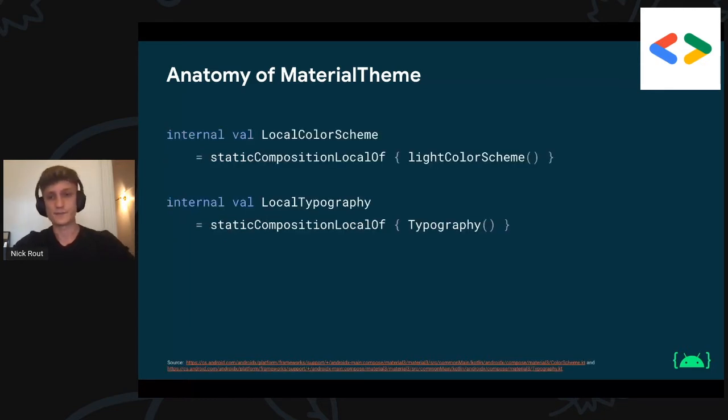Let's take a look at those. All these really are, are instances of composition locals. We create them with this static composition local of, which is a function that creates a composition local and passes it a default value. And this is all it really is. These are composition locals that model both the color scheme and typography classes and provide them implicitly down the UI tree.